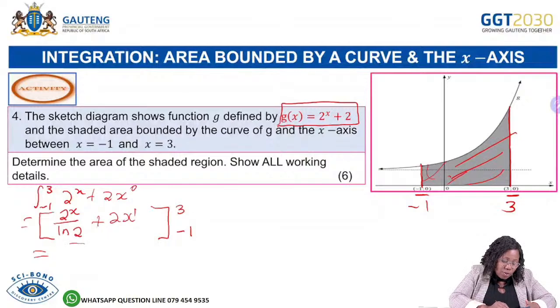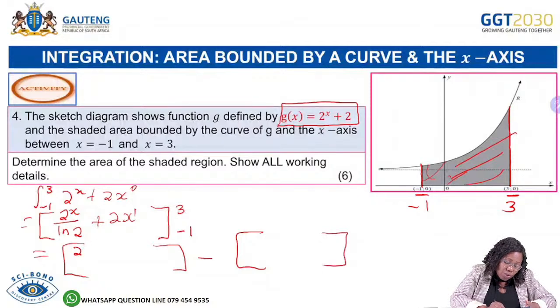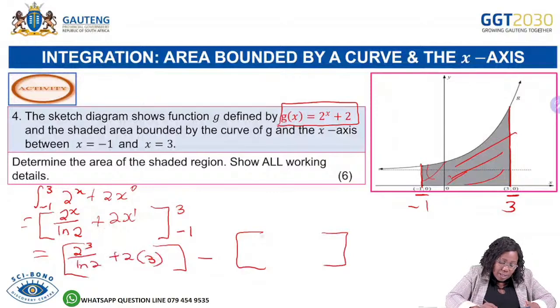We can now substitute. Do you still remember 2 brackets of the same thing, minusing another one, but they must exactly be the same. So substituting a 3, 2 to the power 3 over ln of 2 plus 2 into 3 minus 2 to the power minus 1 over ln of 2 plus 2 into minus 1.